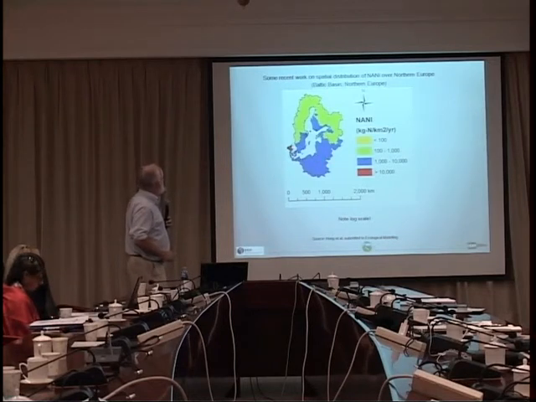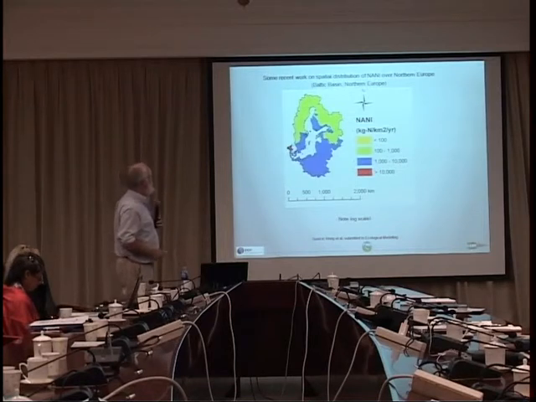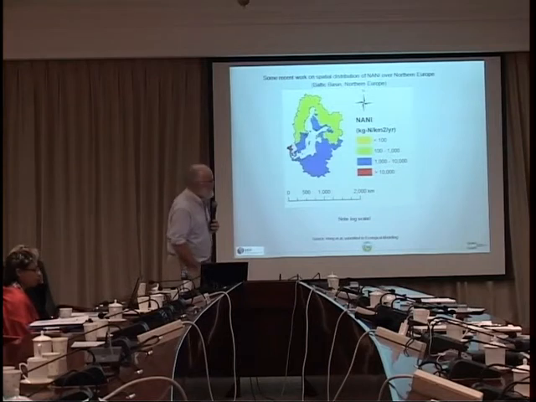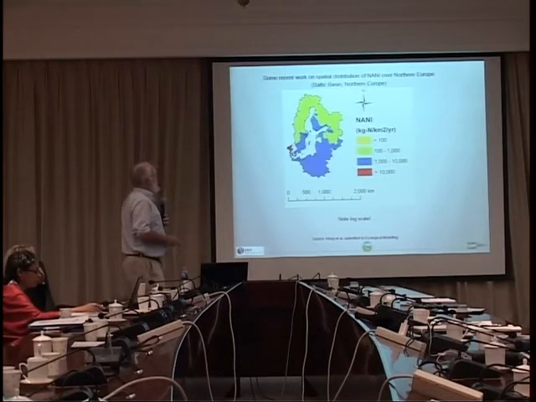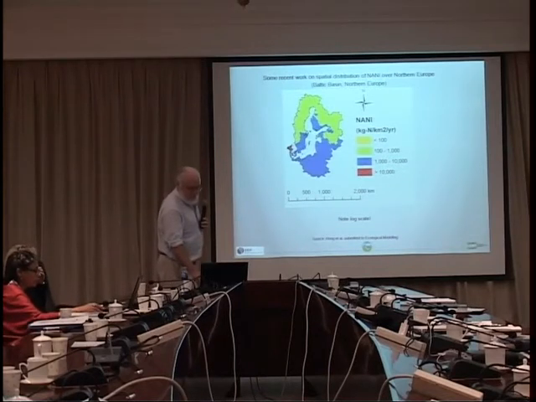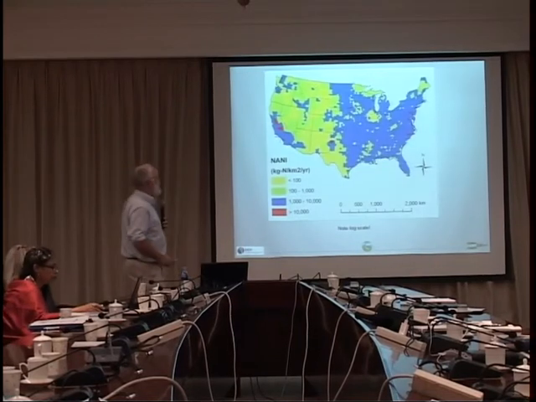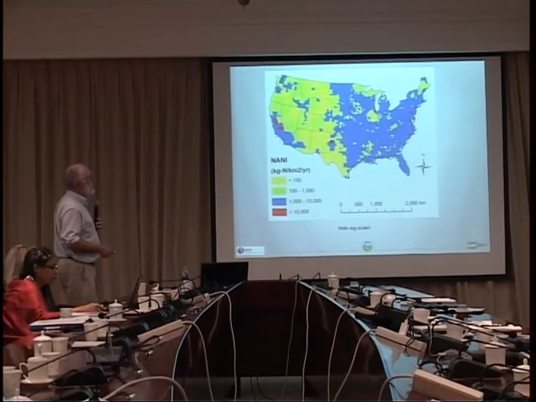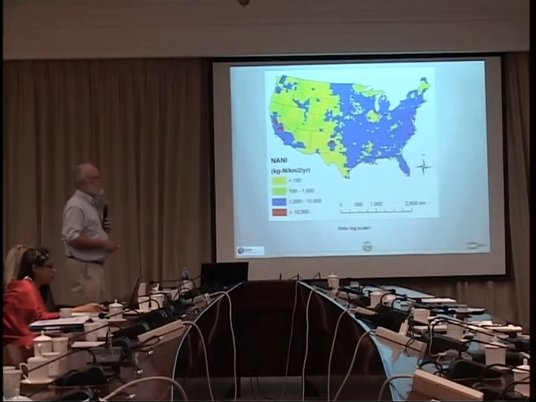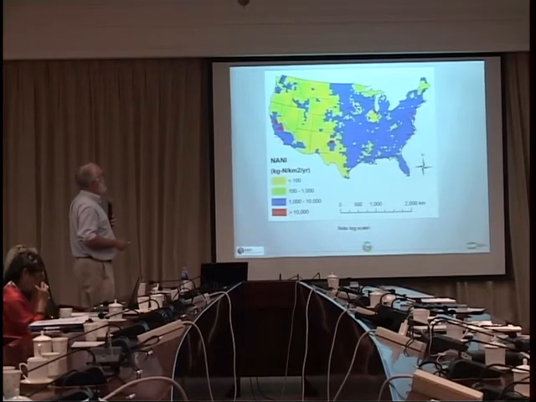Let's see. This would be Germany and the Baltic states and things like that, sort of intermediate levels, and in northern Sweden and northern Finland, etc., relatively low levels. So keep these colors in mind because now we're switching to the United States. The same scale, log scale again. This is essentially the same thing that I just showed you, but on a different scale.